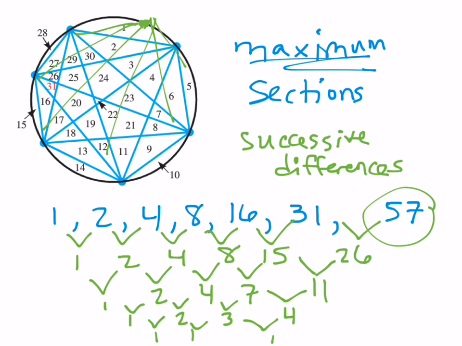Now if we wanted to take this even one step further, it might be nice if we could try to figure out a formula or some sort of an equation to predict the number of sections in the circle for any number of points. So this method works if we want to build up to other numbers, but let's say that I wanted to know how many sections are in a circle with 80 points along the circumference.